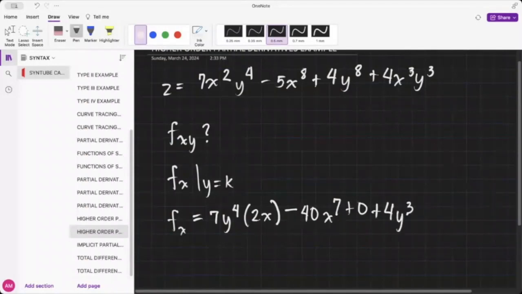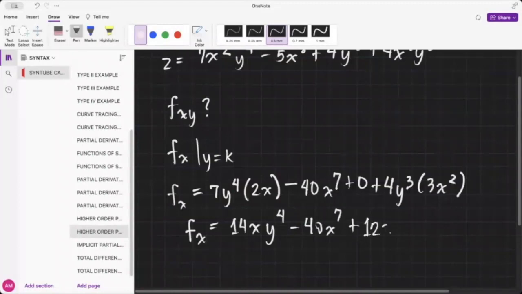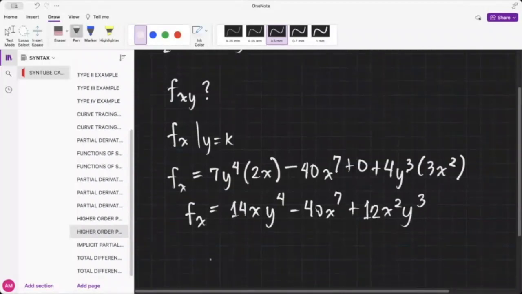Then you get the derivative of x cubed, which is 3x squared. So if you simplify this, you will get your answer for yung derivative of this function with respect to x, which is 14xy raised to 4 minus 40x raised to 7 plus 12x squared y raised to 3. Okay, so yan na yun.